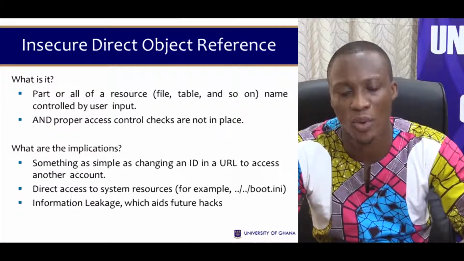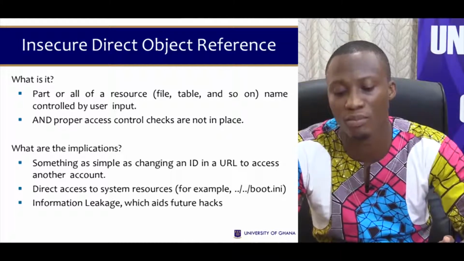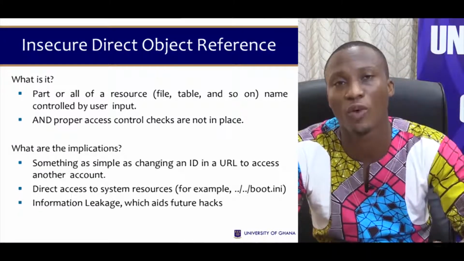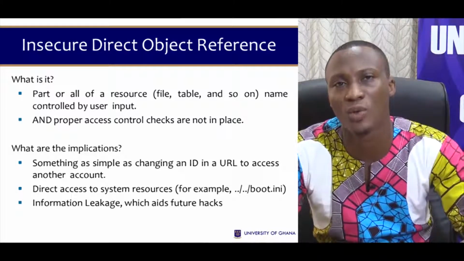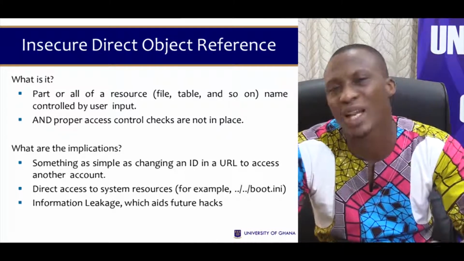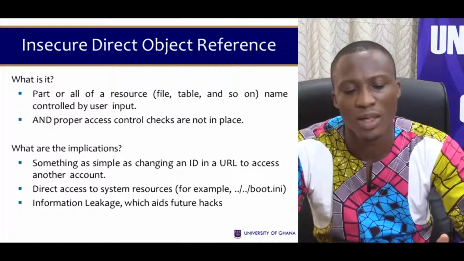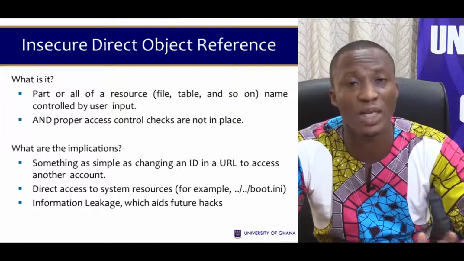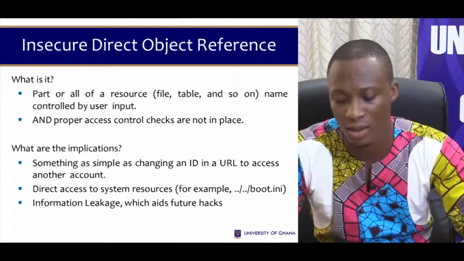For example, we have /boot.ini, and this gives you access to kind of like the root folder of your system. Some implications also involve information leakage, which the attacker can use for future attacks.